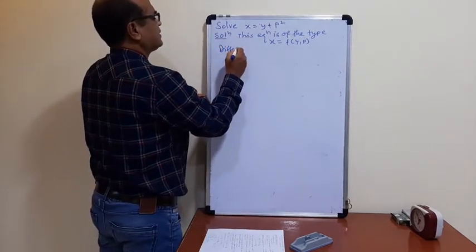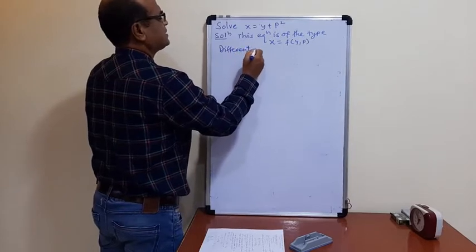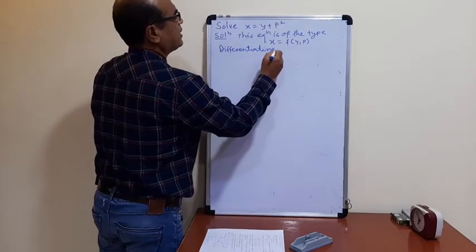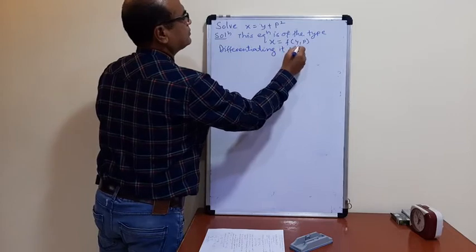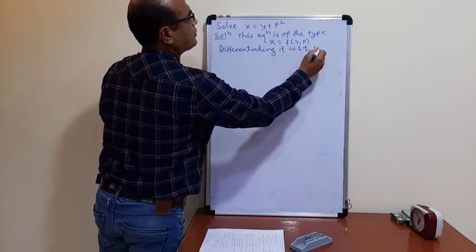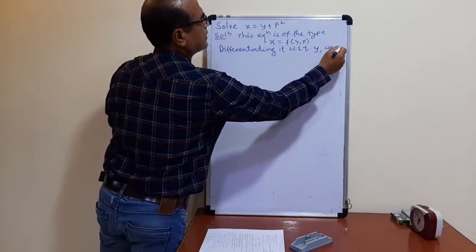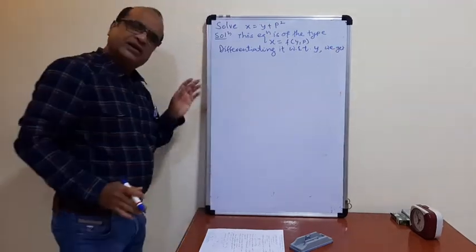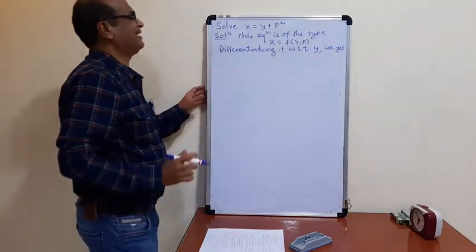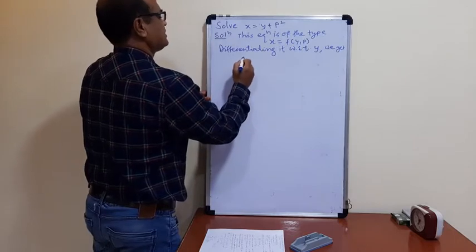Differentiating it with respect to y, we get, just we follow the earlier method. So what is the derivative of this? This is dx by dy.